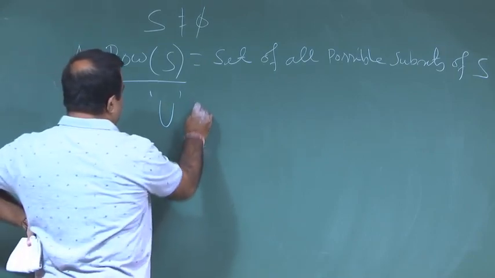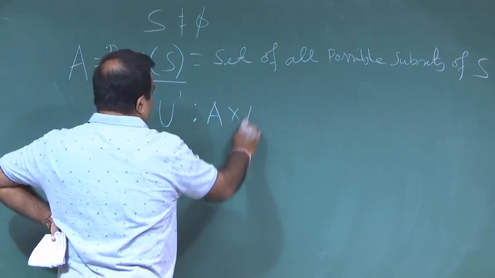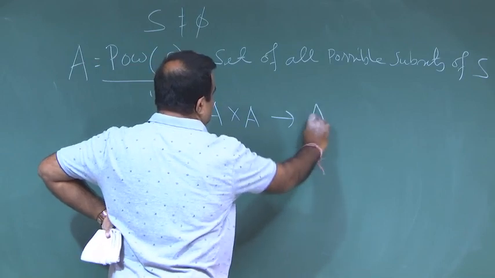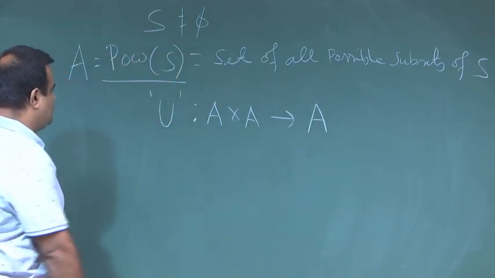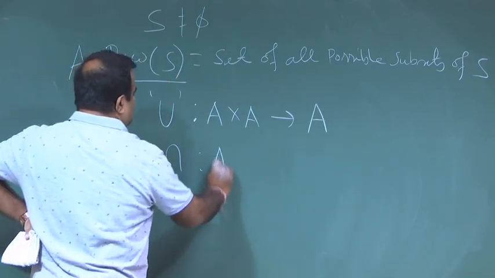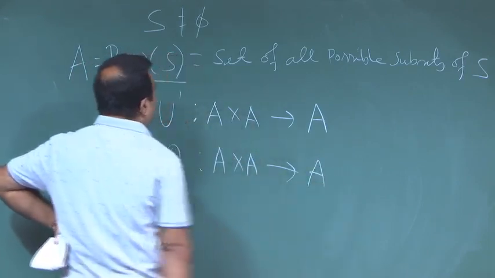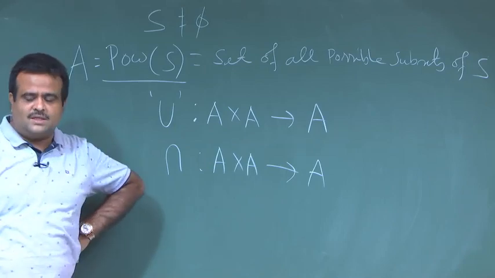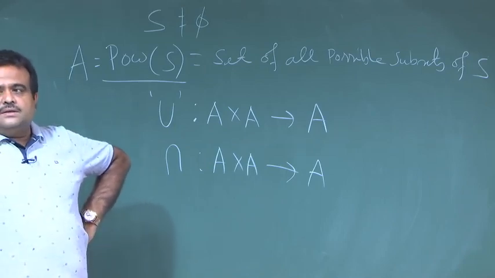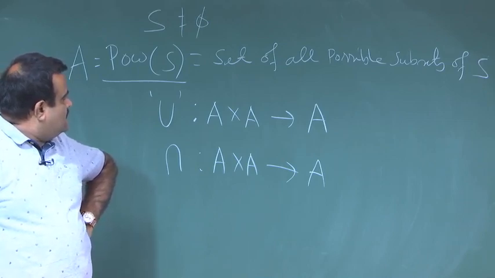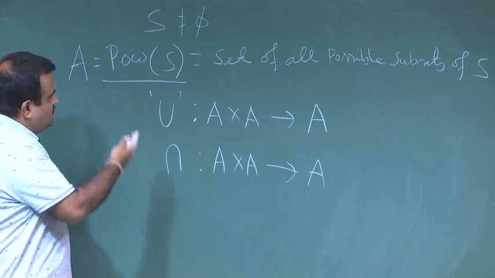If we take A cross A, if we take two subsets and do the union, this will give us a subset, and intersection also, if we take two subsets of S and do the intersection, it will give us a subset of S. Okay. Now, is this commutative?